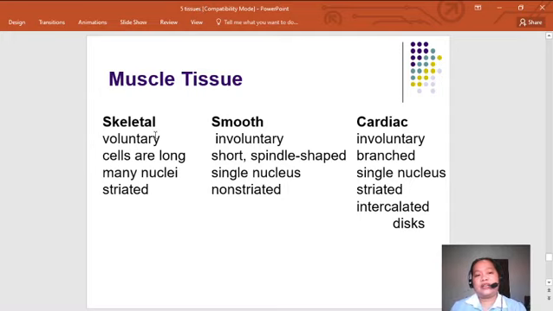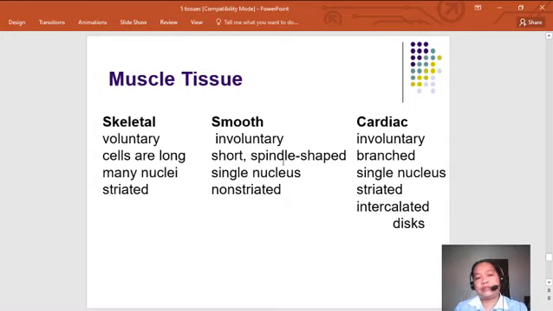In terms of neural function, skeletal is the only voluntary muscle. The rest of the types are involuntary. The shape of the skeletal is long and cylindrical, while the smooth is spindle-shaped or pointed at each end, while the cardiac is branched but cylindrical.